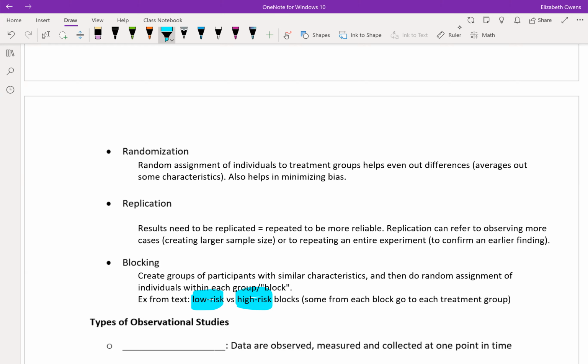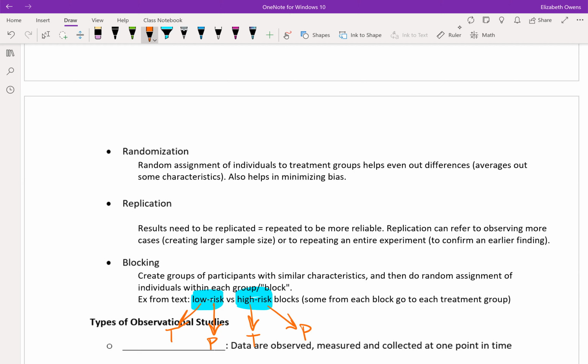And then within each block, they would do random assignment of those individuals to the treatment groups. So some people from the low risk group would get the treatment, some would get the placebo, some of the high risk people would get the treatment, some of the high risk people would get the placebo. So some from each block would go to each treatment group there.